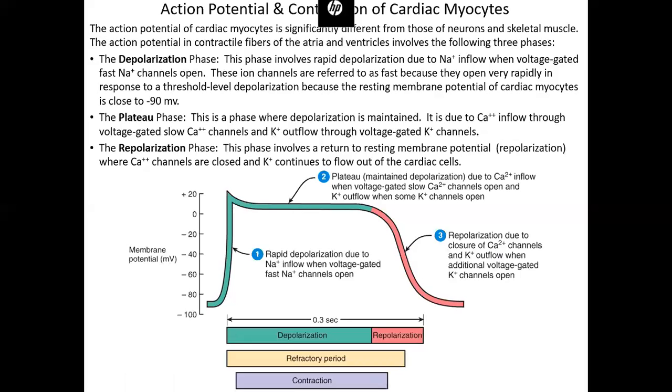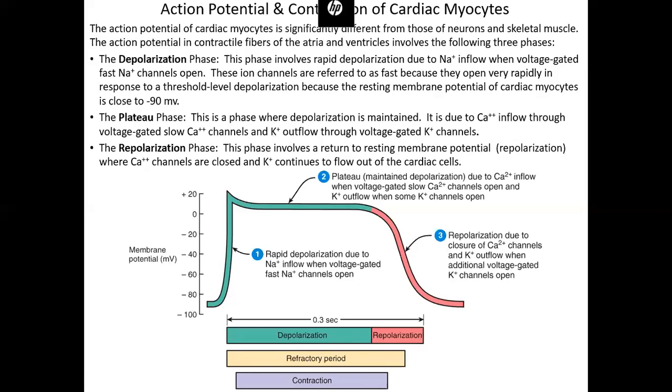Now, the whole purpose of having this plateau phase will be discussed on the next page, but it's illustrated here with the stuff down at the very bottom. What we end up having is a really drawn out refractory period. Remember, a refractory period when we talked about neurons was like, I used an analogy of jumping in the air.